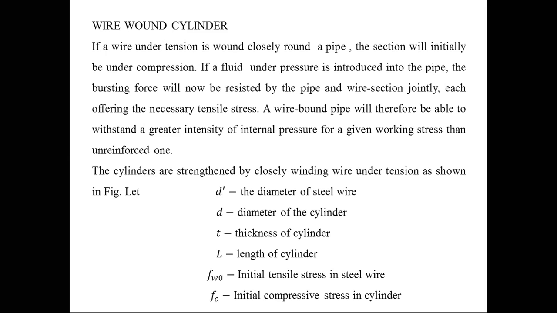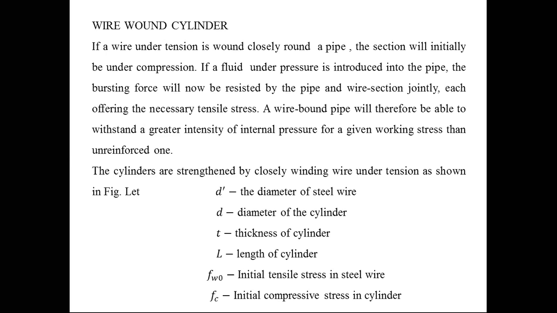So the cylinders are strengthened by closely winding the wires under tension. In this case all stresses are tensile in nature, not compressive. In the previous case, whether hoop stress or longitudinal stress, the nature is only tensile. There is no compression.